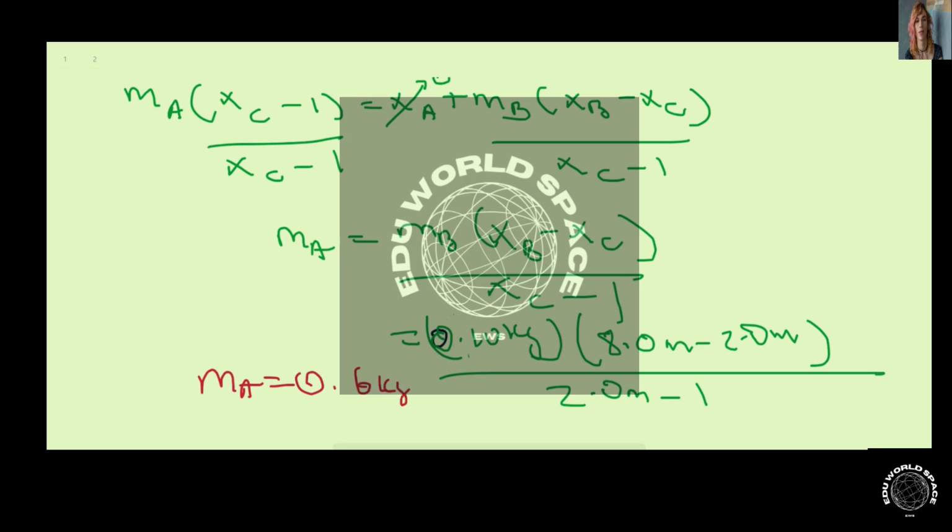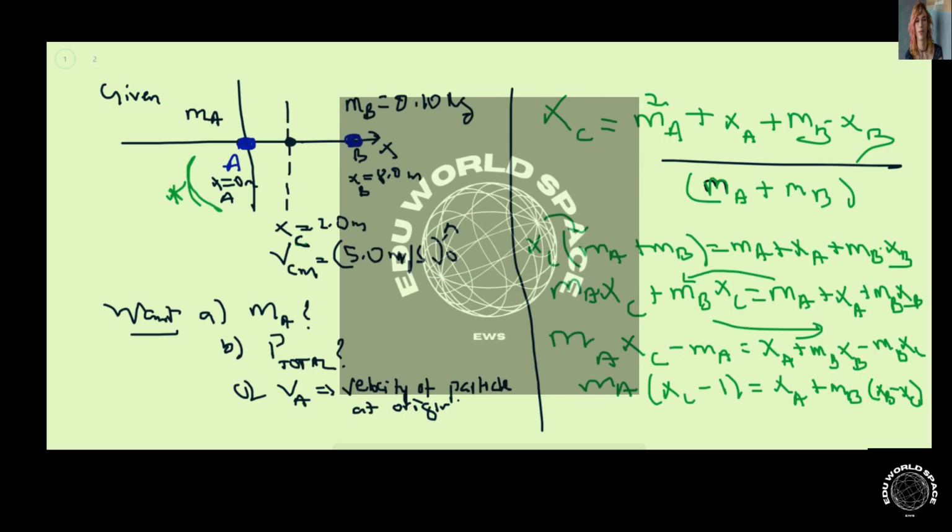So MA equals 0.6 kilograms. So we just want to go back and make sure that we had our answers right. So we had MA XA, so that would have made it XA 0.